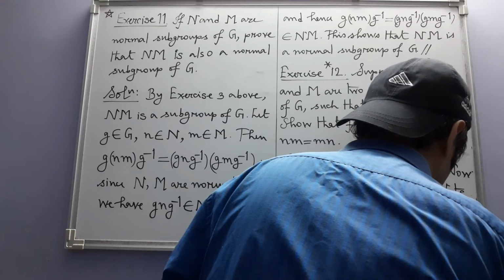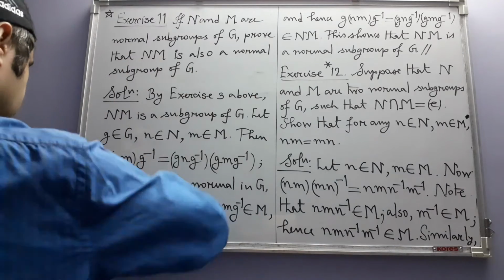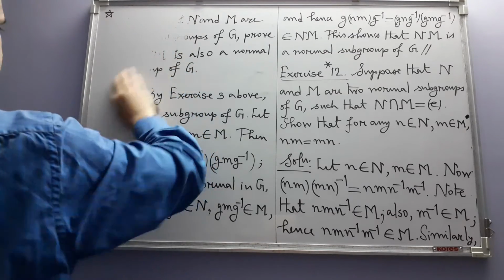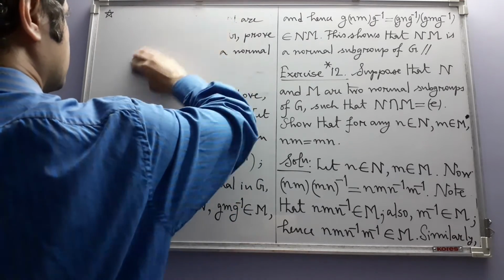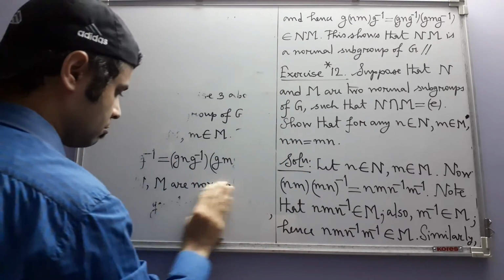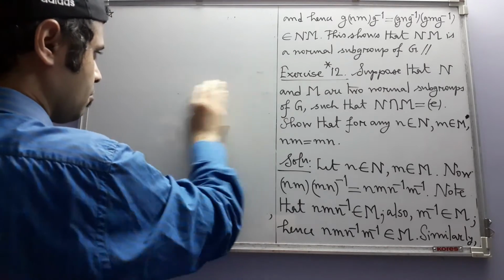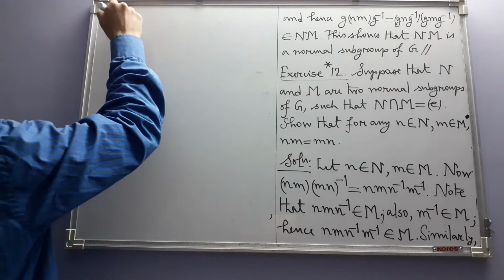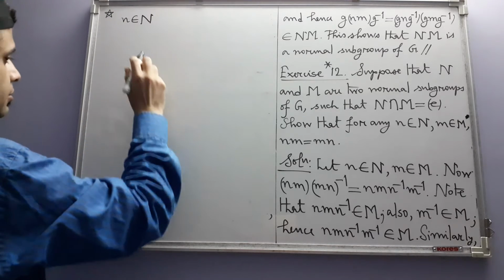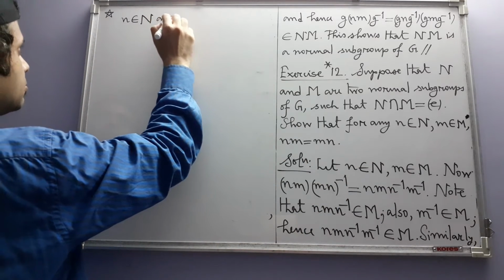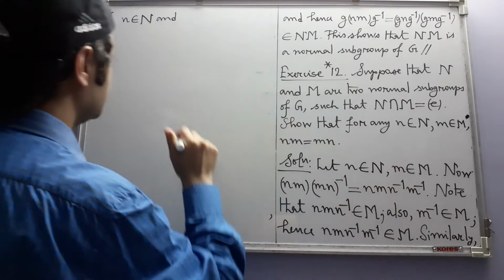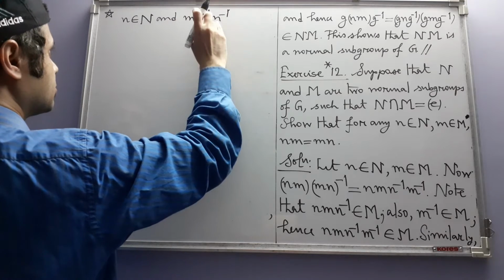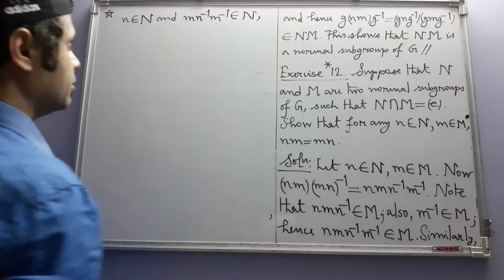Similarly, n belongs to N. N was originally coming from N, and m n inverse m inverse belongs to N. Why?